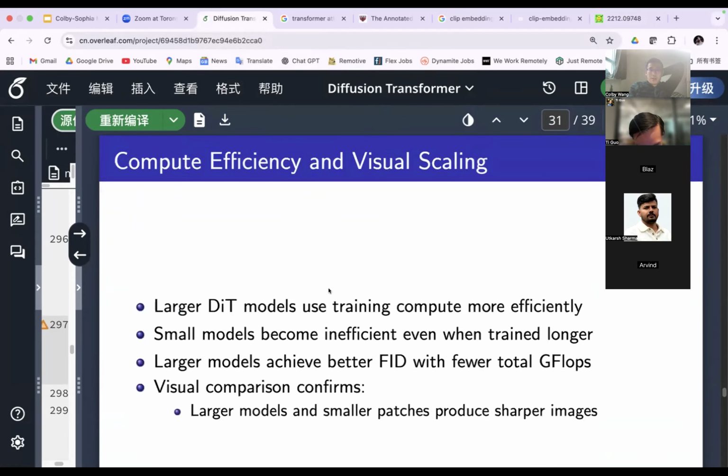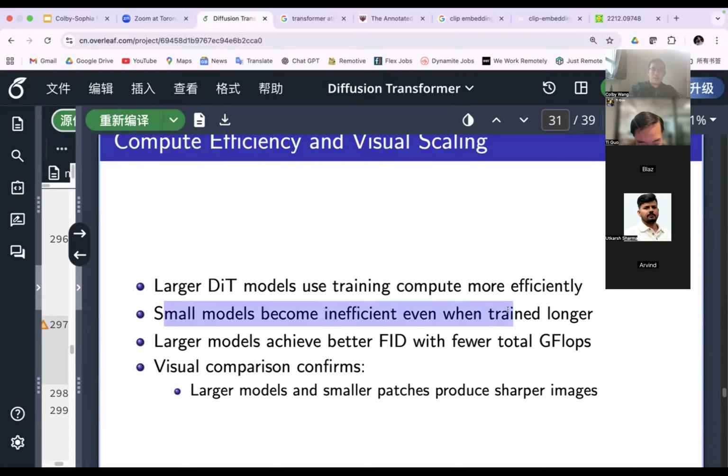And now we can look at the compute efficiency. Typically larger DiT models use training compute more efficiently, and smaller models become inefficient even when training longer. They found that larger models achieve better FID with fewer total floating point operations.